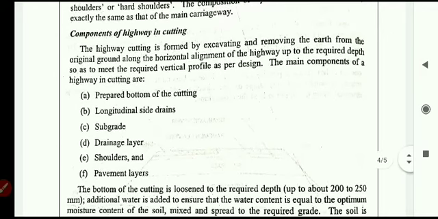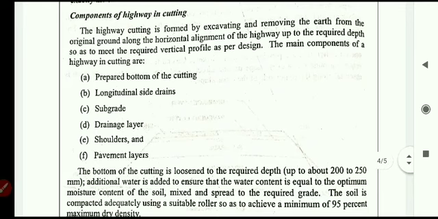Filling means it is a raised part, that is called an embankment. An embankment is an artificial structure which is constructed by filling soil in layers, one over the other, above the ground level. If any soil structure is constructed by filling layers on the natural ground strata, that structure is known as an embankment.